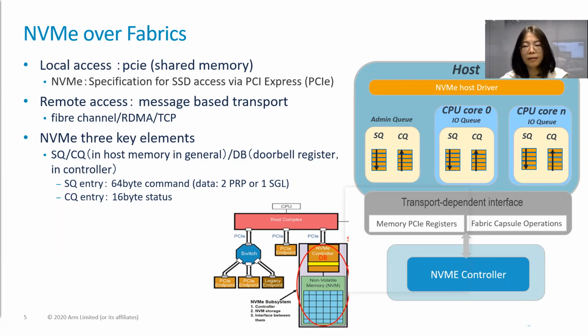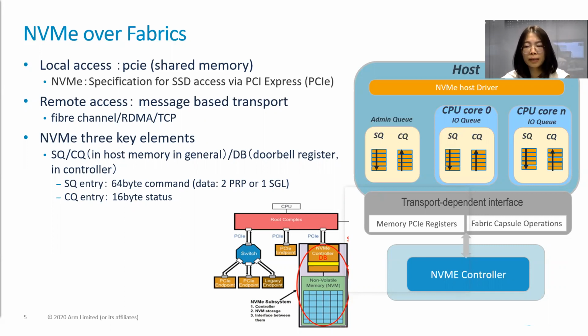NVMe is an interface specification optimized for solid-state storage for both client and enterprise storage systems, utilizing the PCIe interface protocol. One of the main distinctions between NVMe and NVMe over fabrics is the transport mapping mechanism for sending and receiving commands or responses.